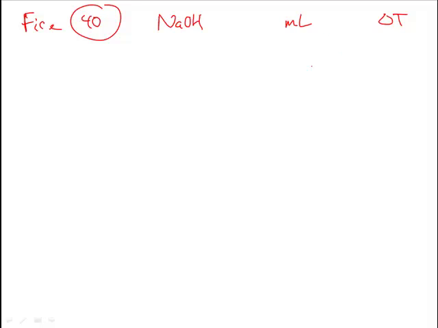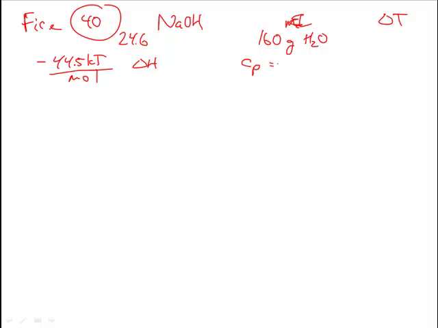So it wants the delta T when 24.6 grams of sodium hydroxide with a negative 44.5 kilojoules per mole enthalpy of solution. So this is the delta H when it is dissolved in a solution. It's dissolved in 160 grams of water. And it says that the specific heat capacity of the solution is equal to 4.18 joules per gram Kelvin.